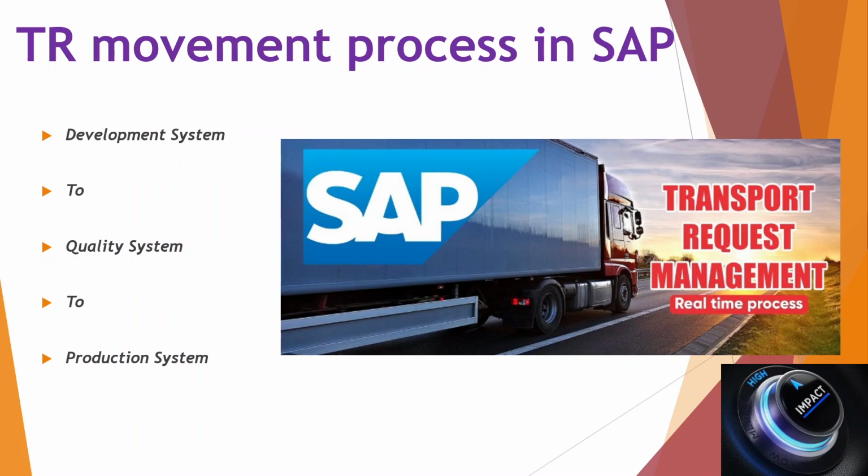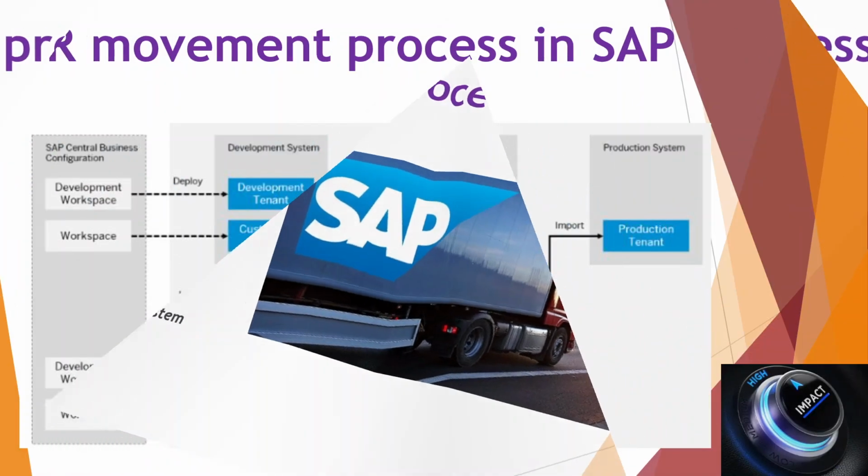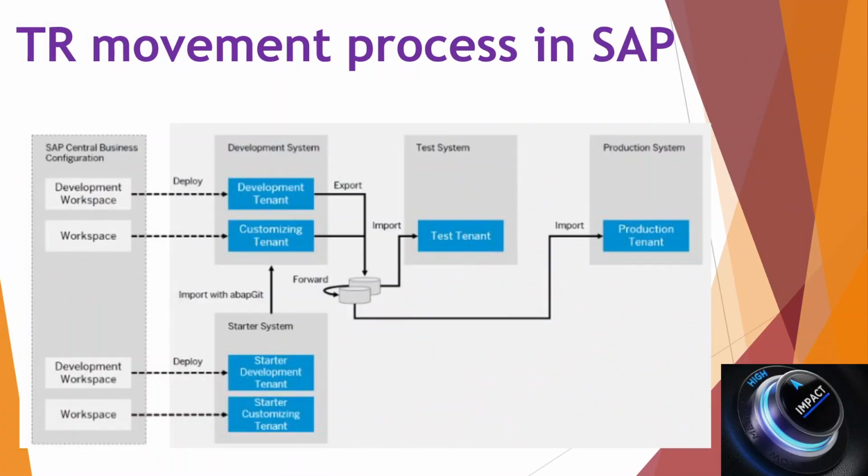Let's move on to the next slide. If you see in this picture, this I have taken from S/4HANA Cloud version, and this is how the TR movement happens.